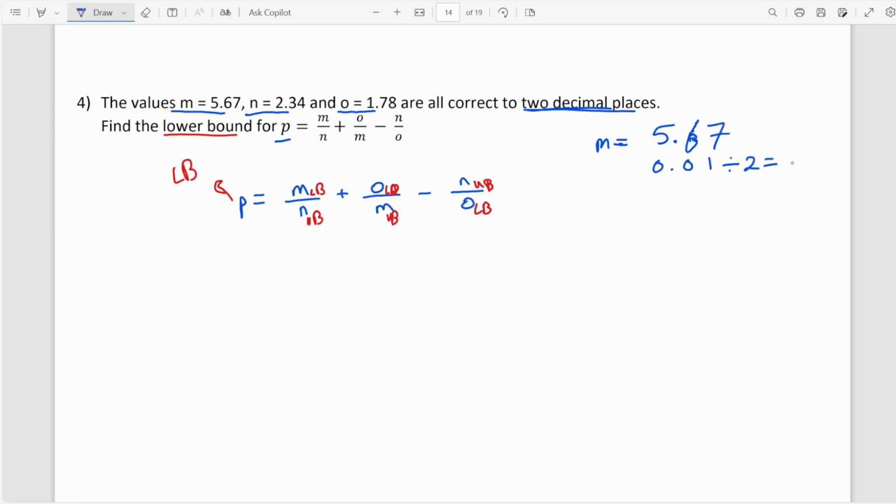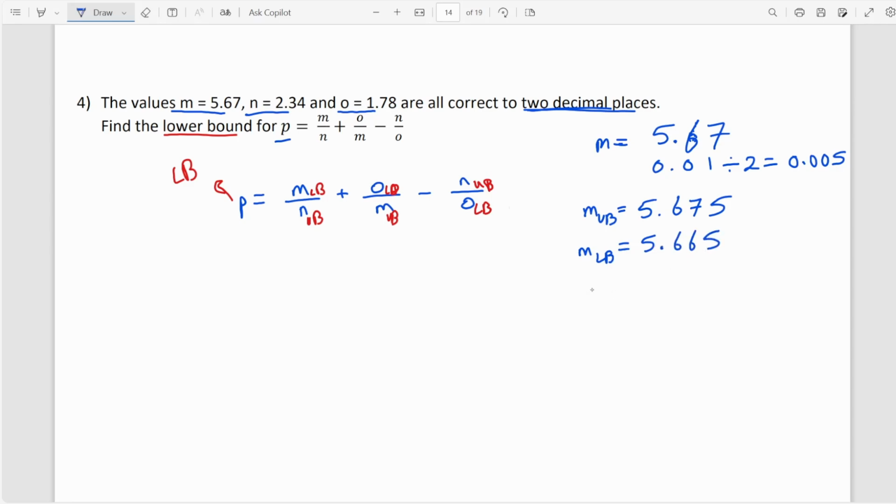Dividing this by 2 gives you the error 0.005. Firstly, m upper bound is the addition of 5.67 plus the error, which gives you 5.675. M lower bound is the subtraction, 5.665.